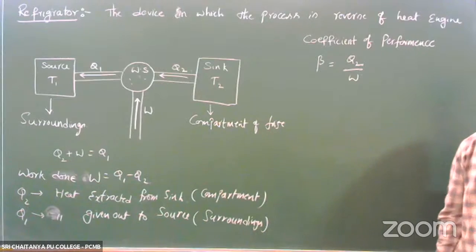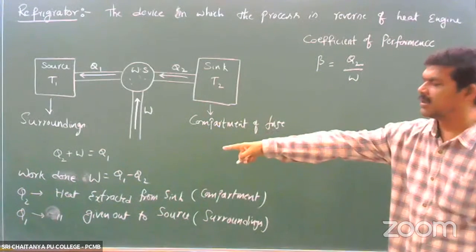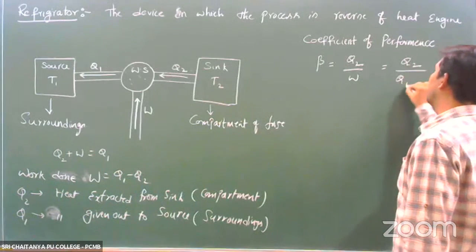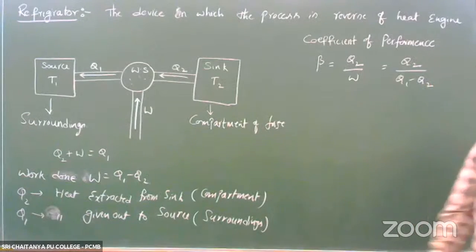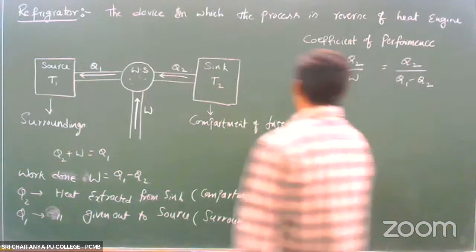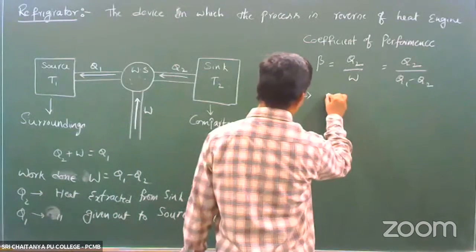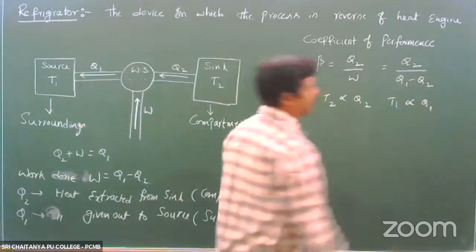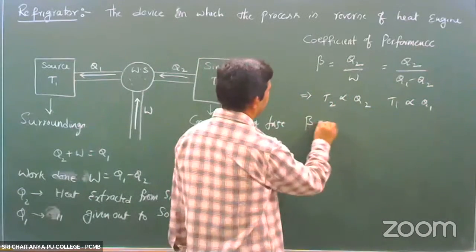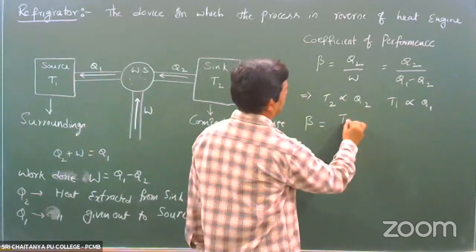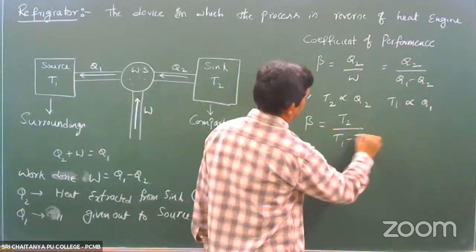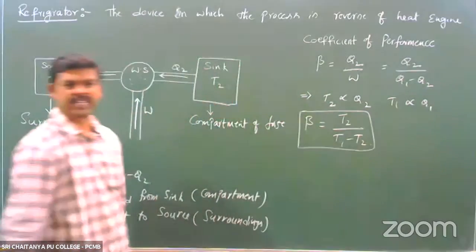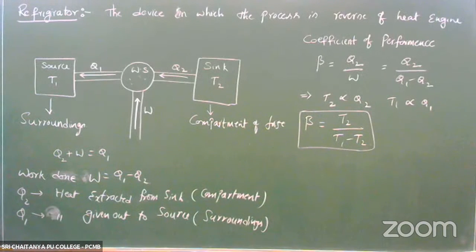W can be written as Q1 minus Q2, so beta is Q2 by (Q1 minus Q2). In another way, in terms of temperature, if you are asked: T2 is proportional to Q2, T1 is proportional to Q1. Then how can we write that beta? Beta is T2 by (T1 minus T2). This is the coefficient of performance, right, of the refrigerator.